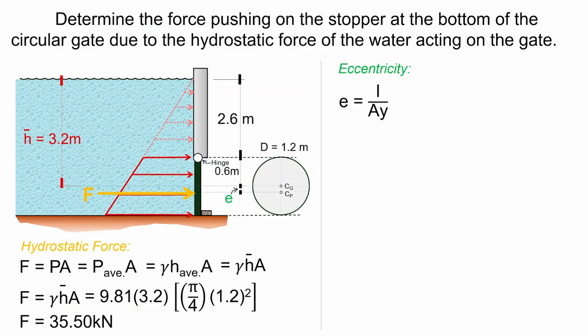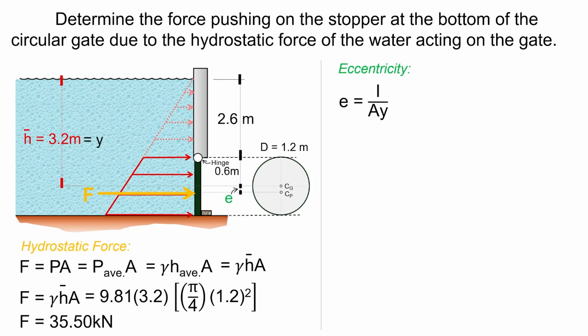And the value of y is the distance from the center of gravity to the water surface, but it should follow the angle of inclination of the surface being considered. If the surface is vertical, just like in our figure here, the value of y is just the same as the value of h bar, 3.2 meter.